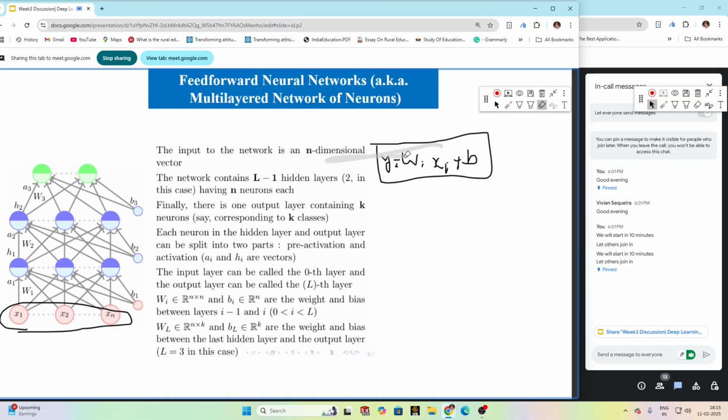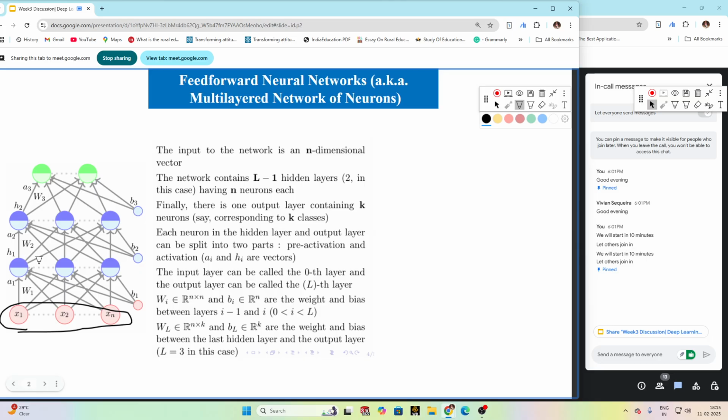Now there are many weights here. Why are there many weights? There are many inputs, so that is why there are many weights. The weights connecting the input layer and the first hidden layer we call W1. The weights connecting the first hidden layer to the second hidden layer we call W2, and the weights connecting the last hidden layer and the output layer we call W3.